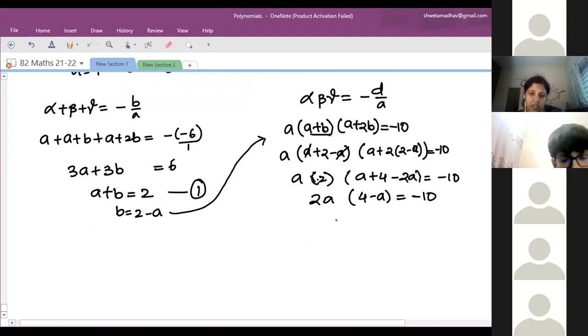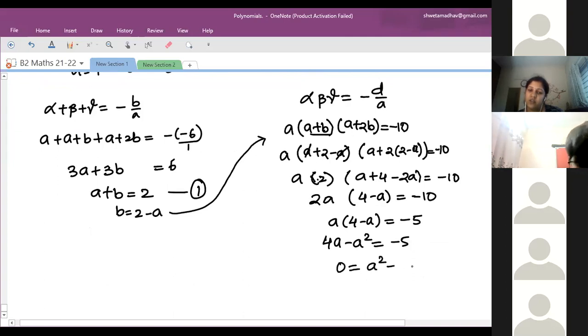So it is a into 4 minus a. This 2 will be transferred to the other side. It will become minus 5. Clear? We have divided 10 by 2 because here 2 is a multiplication, so it will go to the other side as division. So then 4a minus a square is equal to minus 5. So 0 is equal to a square minus 4a minus 5.